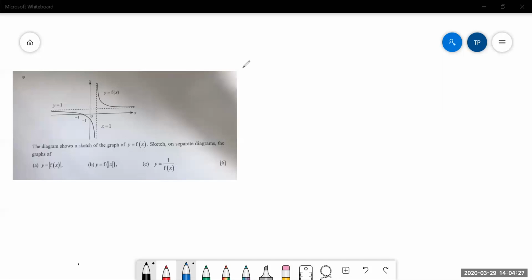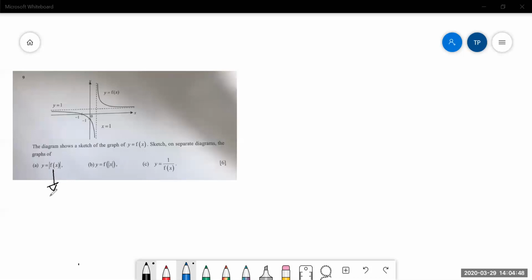Thank you for waiting. Okay, I'm going to show you how to draw the 1 over f(x) graph. For mod x and f mod x, I'm not going to go through, I already went through, right? For the first one, you flip about the x-axis.